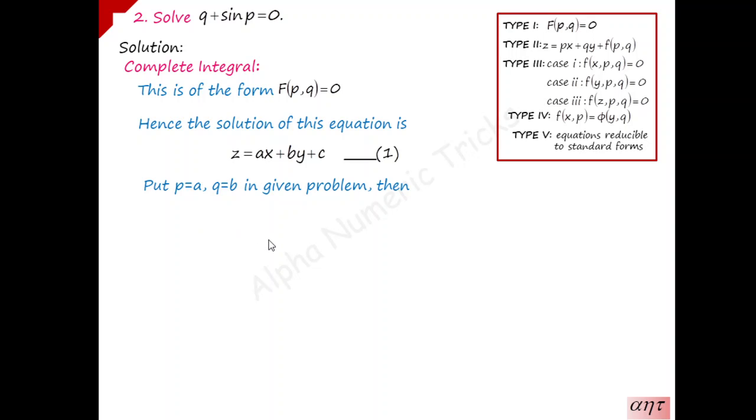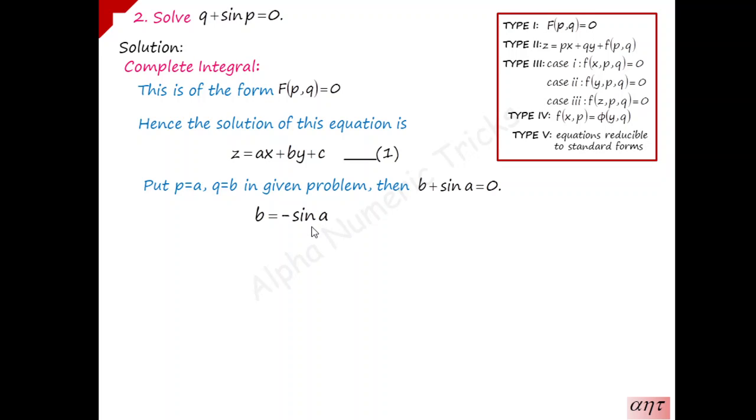Now, substituting this in the given problem, b + sin a = 0. That is, p is replaced by a and q is replaced by b. So b + sin a = 0, and from that we get b = -sin a. You take it to the other side, the right hand side, and it becomes minus sin a.